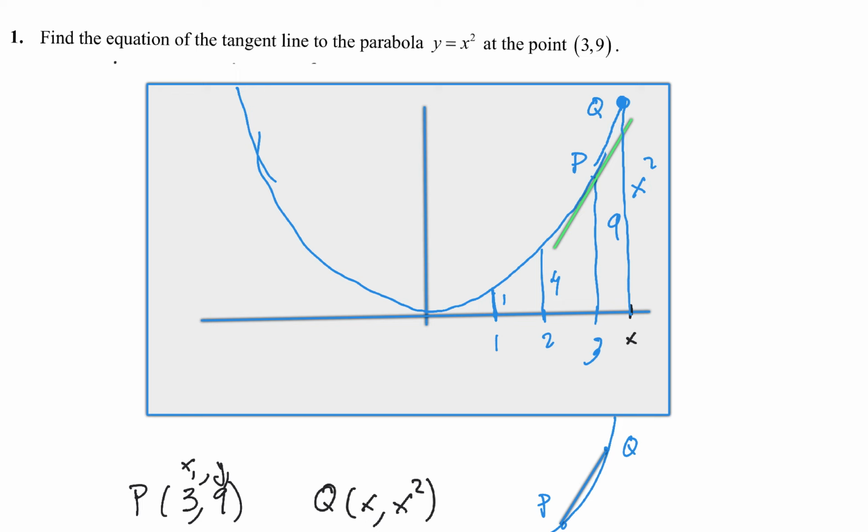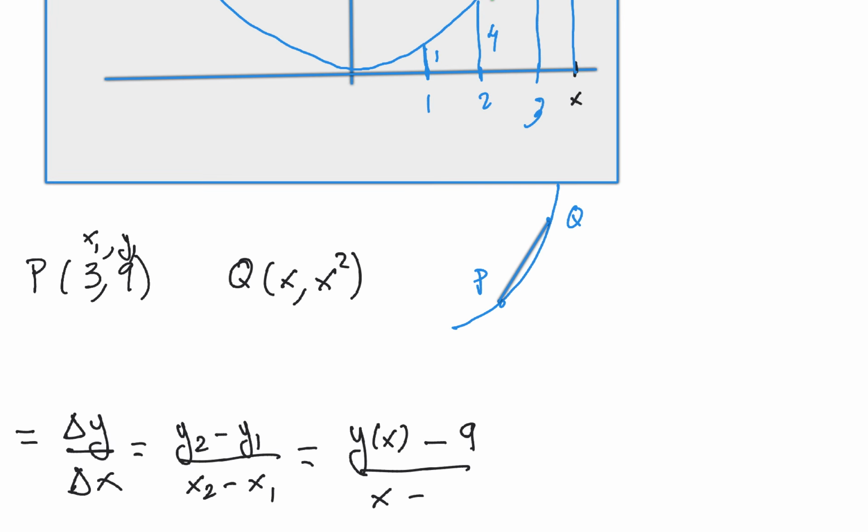You can see in the image that when Q is approaching P, the slope is changing. When Q is here and P is fixed, the slope is like this.